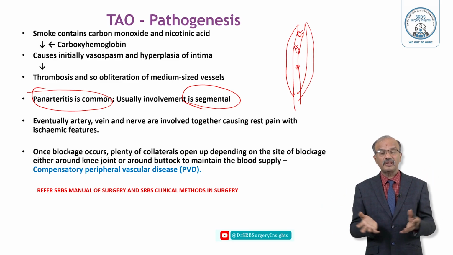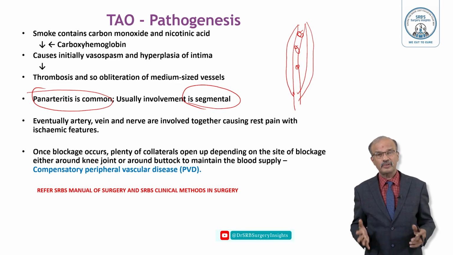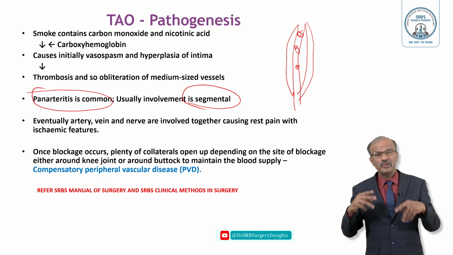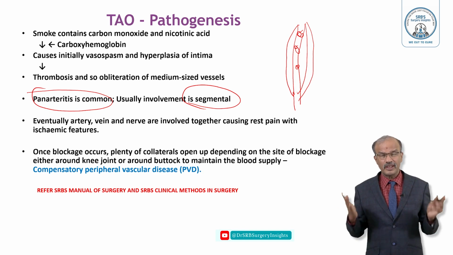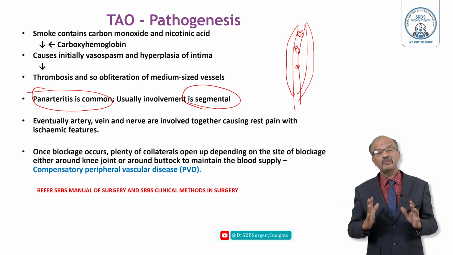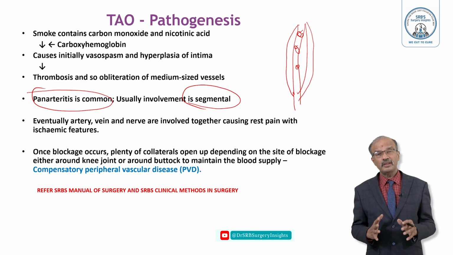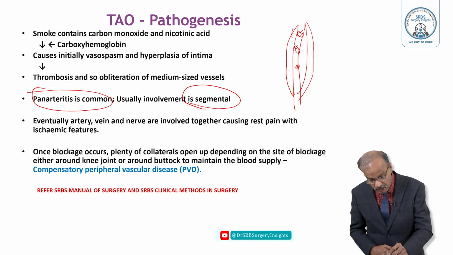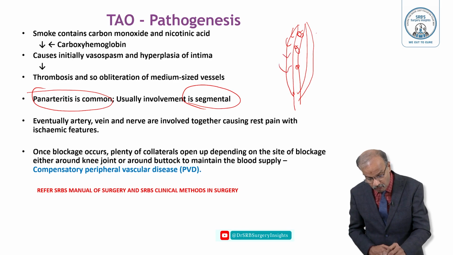Facilities are available everywhere. Same thing here in the body also. If the main artery is blocked, you've got collaterals, small vessels, which usually may not function optimally, because there's no need to function, because the main vessel is functioning well. But when it is blocked, like in TAO or in atherosclerosis, collaterals will open.